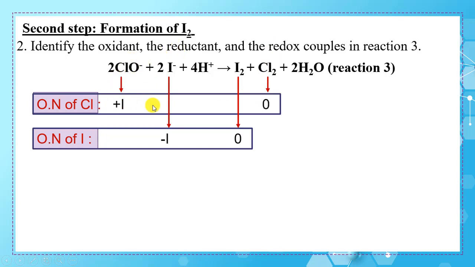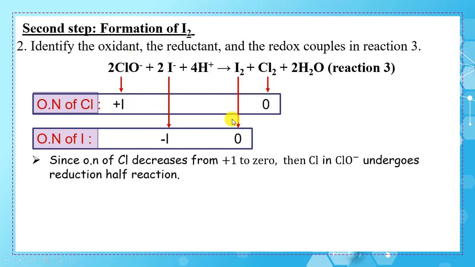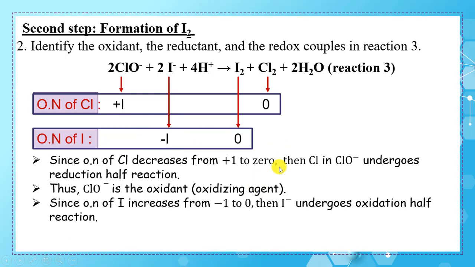We notice that the oxidation number of Cl decreases from +1 to 0, therefore Cl in ClO- undergoes reduction. Whereas the oxidation number of I- increases from -1 to 0, therefore it undergoes oxidation.